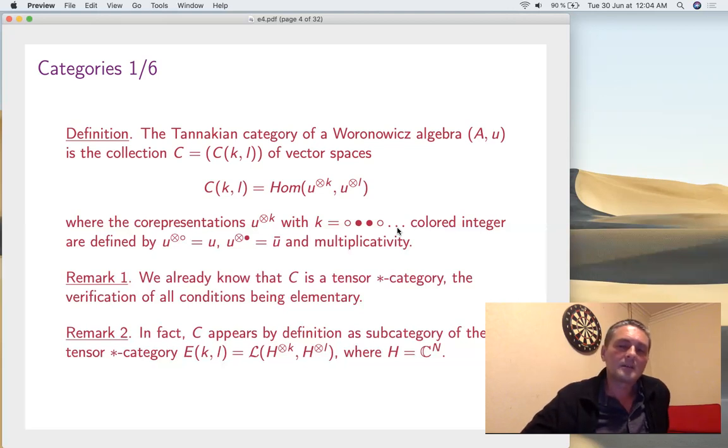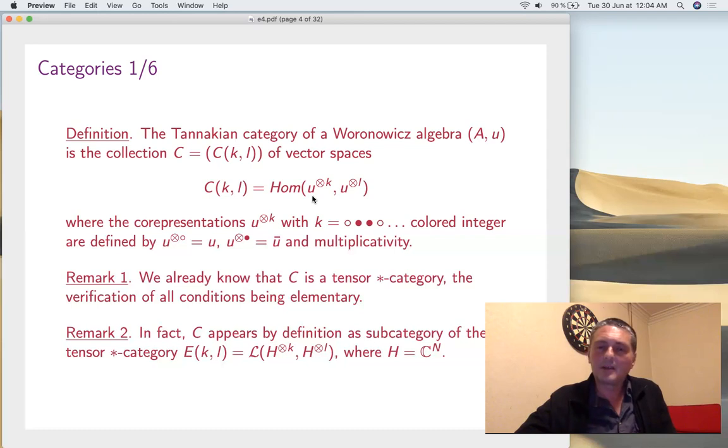Now, the point is that this forms a tensor category, so that's going to be our starting point for what we do today. These spaces that we want to compute actually form a tensor category in the sense that it's stable under composition, and you can also tensor intertwiners and you get intertwiners, also apply stars, so that's something that we know for long from lecture 2.